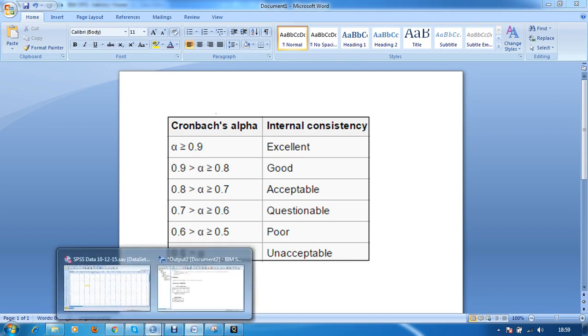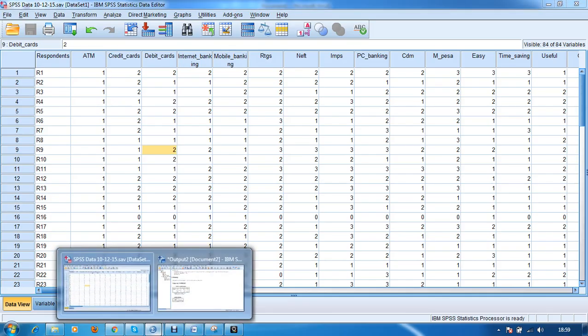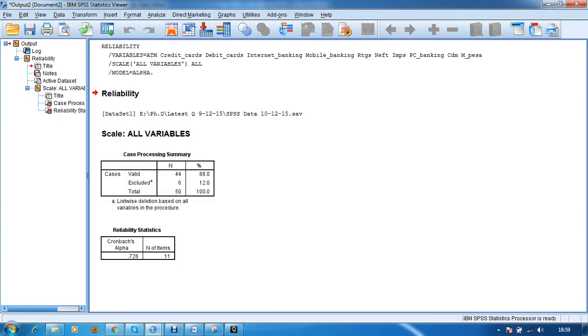So friends, viewers, let us go back to the result and see the score. Here it says my value is 0.726.